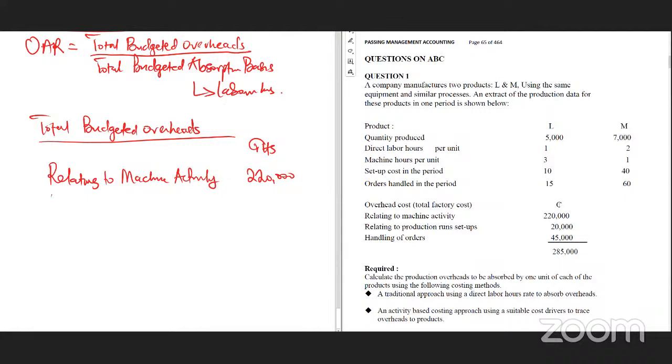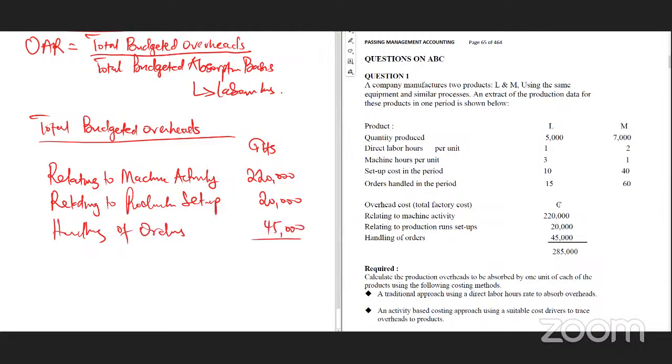We have the one relating to production setups. That's setup cost, 20,000. Also, we had handling of orders, handling being 45,000 also. Okay, so when we put it together, these are total budgeted overheads.